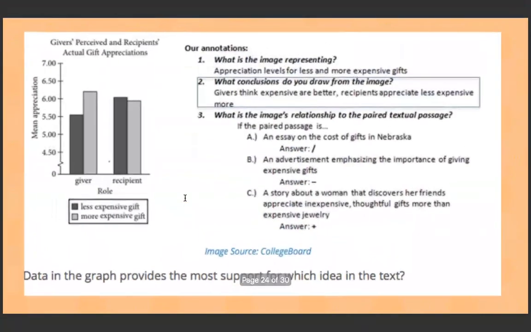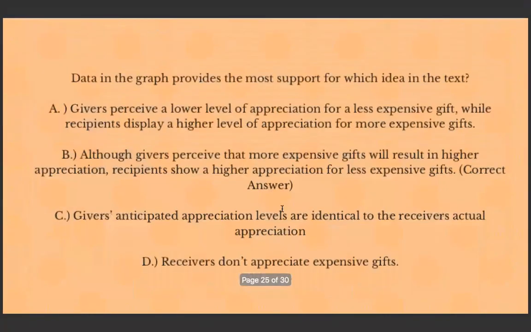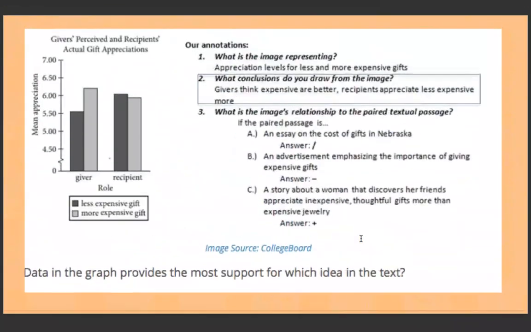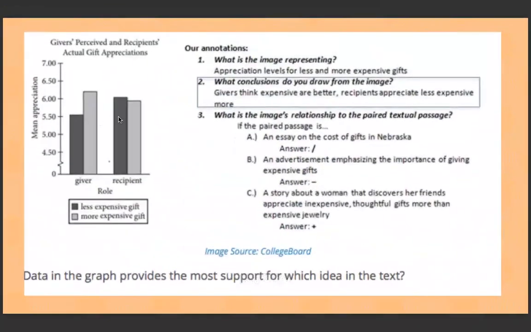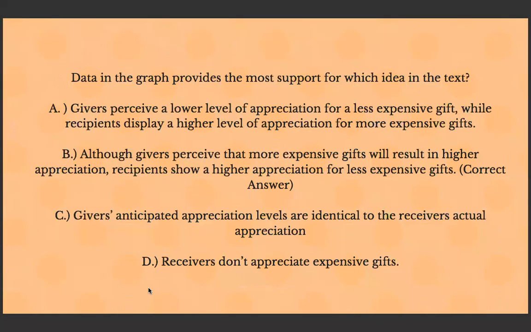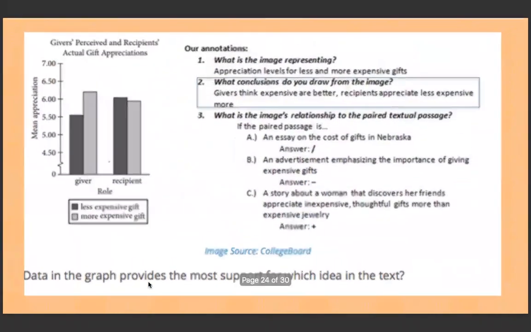Well, let's go back to the chart. Yes. And a higher level, yes. So that's a definite possibility. And here you can see correct answer, but we'll read the last two. C, givers anticipate appreciation levels identical to the receiver's actual appreciation. Okay, well, there you go. That's definitely not true. And D, receivers don't appreciate expensive gifts. Looking at the graph, that's not true.